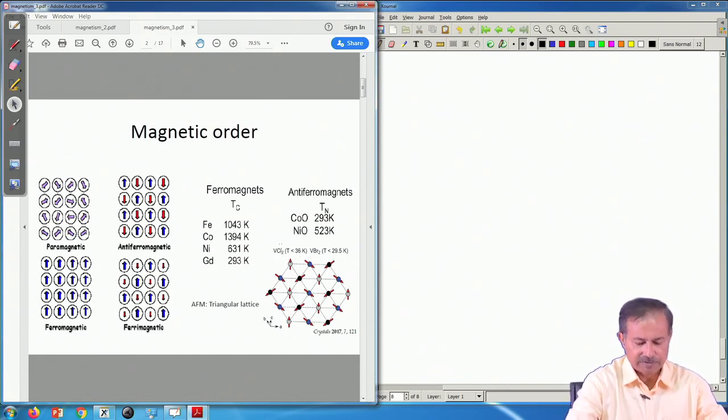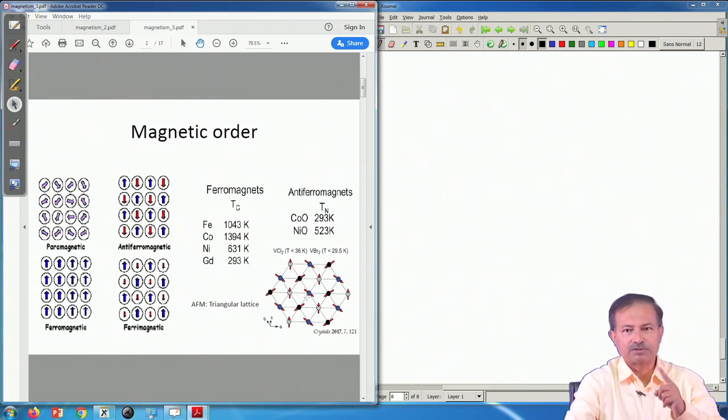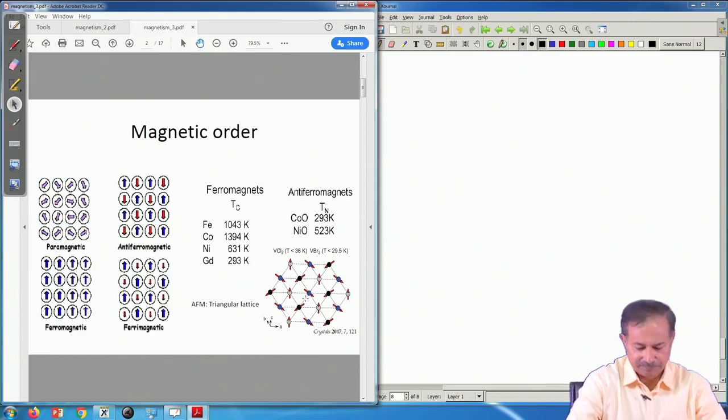This is a particular type of antiferromagnetic order, the net spin is still going to be 0, but you can see how this ordering works. The spins rotate by 120 degree as you go from here to the next one, and then the next one is another 120 degree, and then you come back to 360 degree.